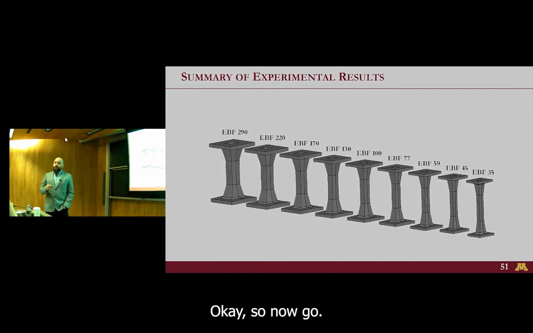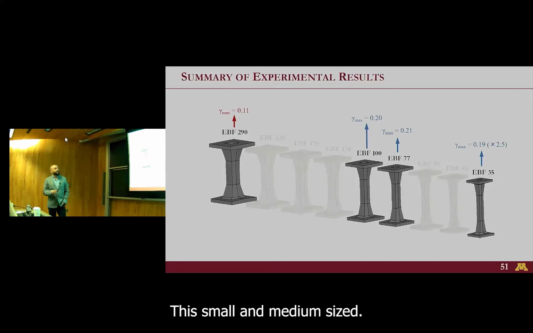Okay, so now going back to our experimental results. I said that the small and medium-sized links worked very well, achieving very large rotations, but the big one only reached 0.11.